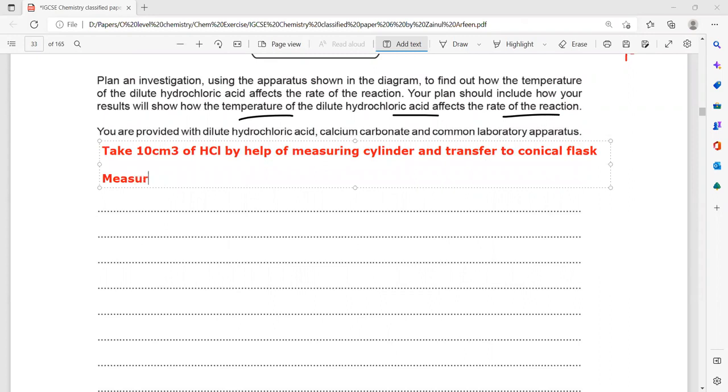Then we measure the mass of what we mix here, which is calcium carbonate.